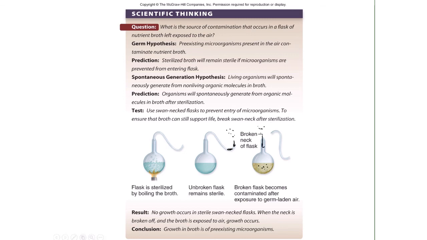Then he observed the presence of microorganisms after certain times, and he detected nothing in the sterile broth here, while in the one with the broken neck, he was able to detect microorganisms. So that concluded definitively that only microorganisms can give rise to other microorganisms, and if the broth is sterile and there's no pre-existing life form in there, then it's going to remain as such. So that definitively disproved the idea of spontaneous generation.